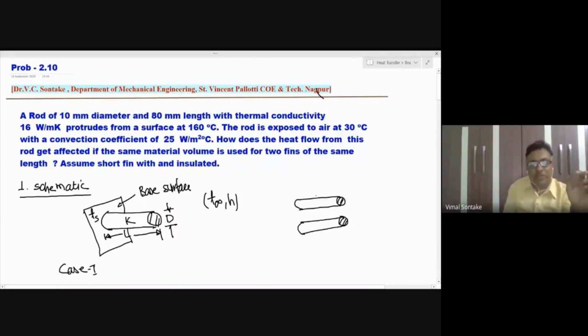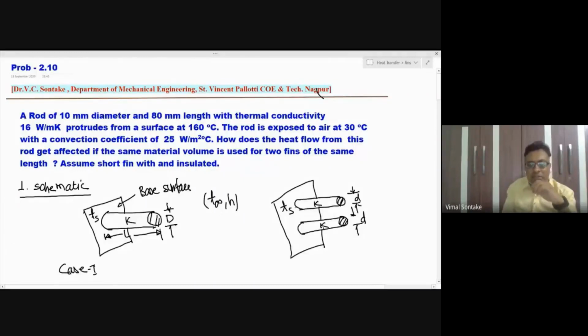Now same base surface is there, but instead of single fin, now we have divided it into two fins of, let's say, diameter small d. Their thermal conductivity is same as that of previous fin.